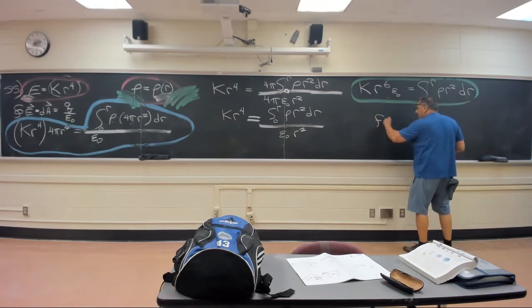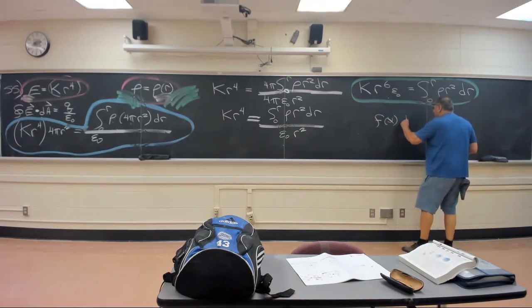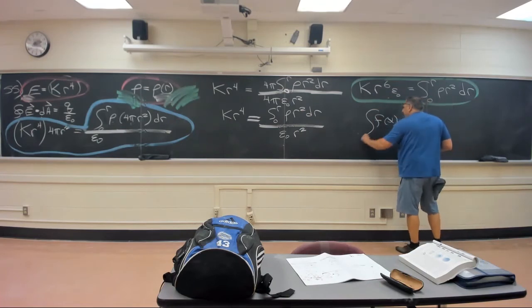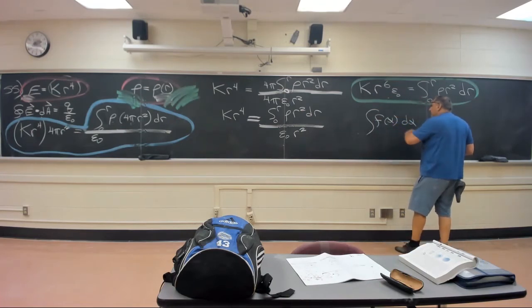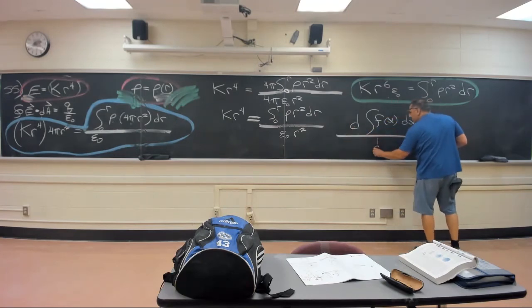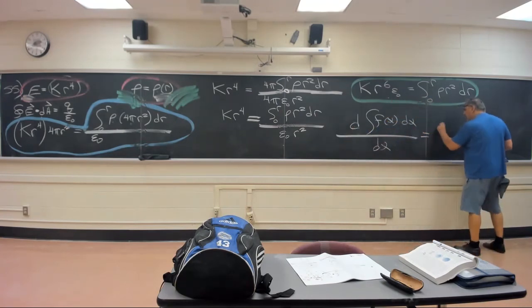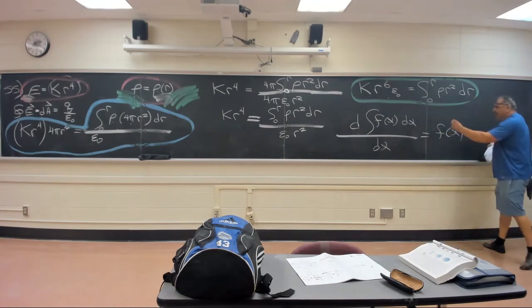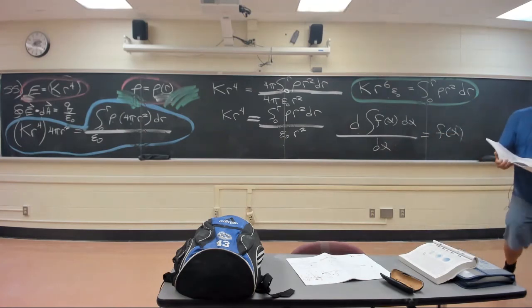Basically, guys, there's a lot more to this than what I'm about to say, but let me just say it. Here's the integral of a function. The integral of a function differentiated gets you back to the function, and that's what's going to get us out of this. We're going to take the derivative with respect to r on each side.